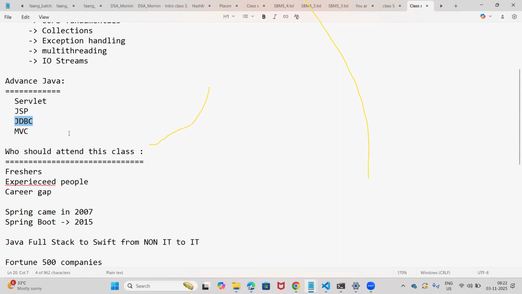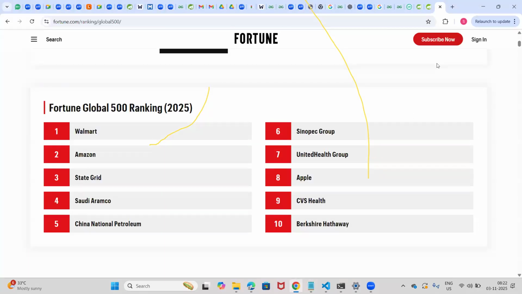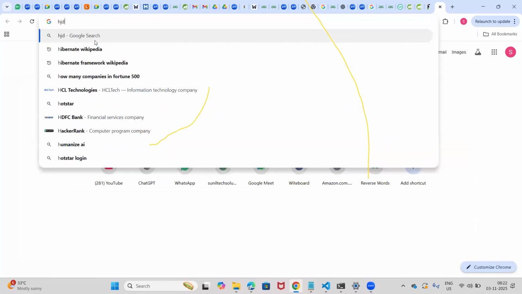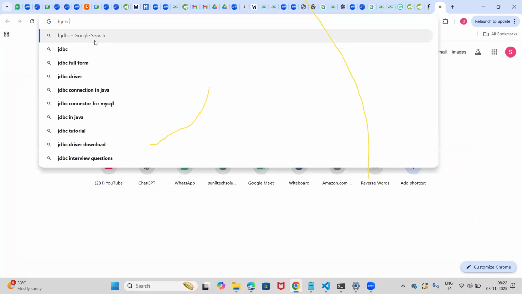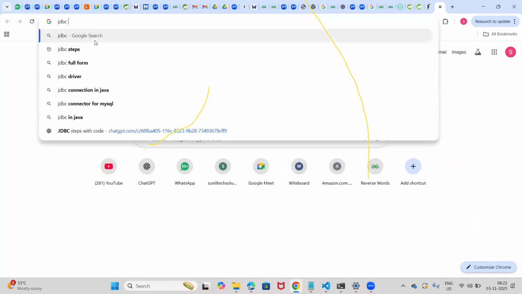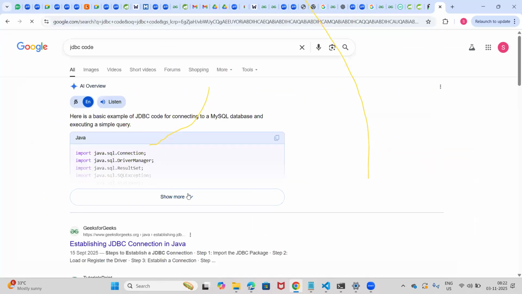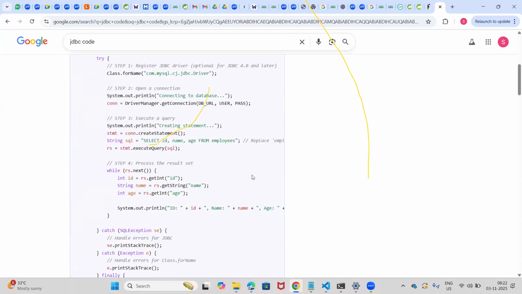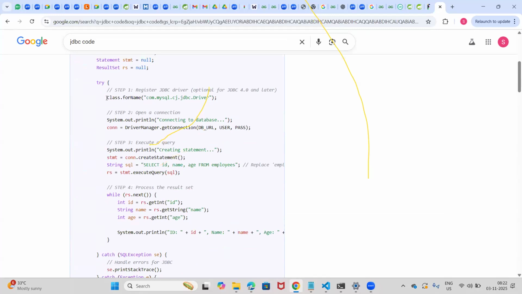Let me show you. Basically, there are multiple steps to connect using JDBC. See, here in the JDBC code, you need to load the driver class, then establish the connection, get the connection, and create a statement.